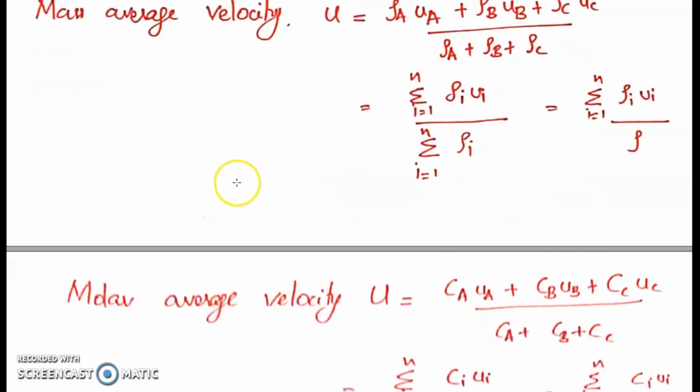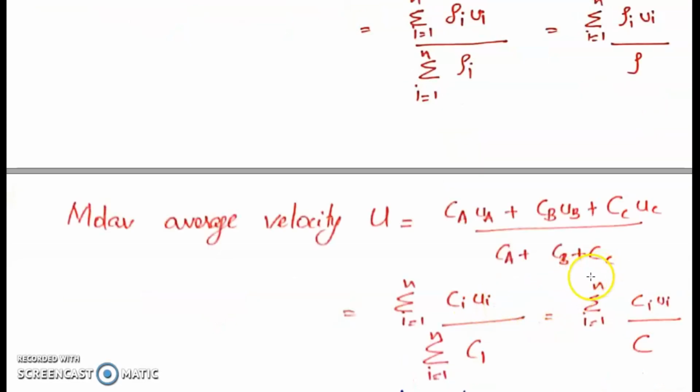So we can also find another velocity known as molar average velocity. This is similar to mass average velocity. To find this velocity, we will use molar concentration instead of mass concentration. So similarly, we can multiply molar concentration with individual velocities, that is C_A U_A plus C_B U_B plus C_C U_C by C_A plus C_B plus C_C.